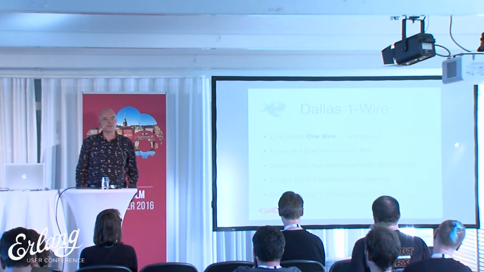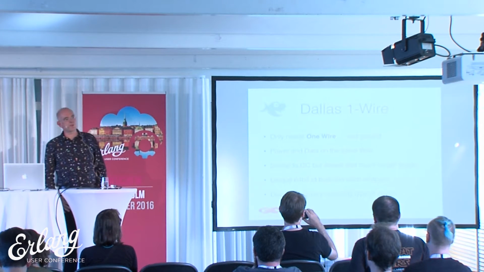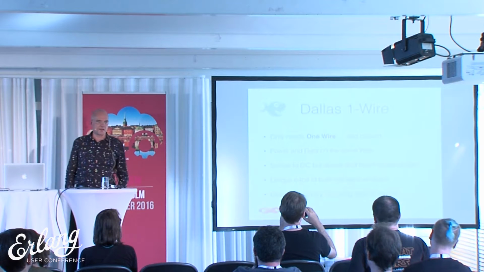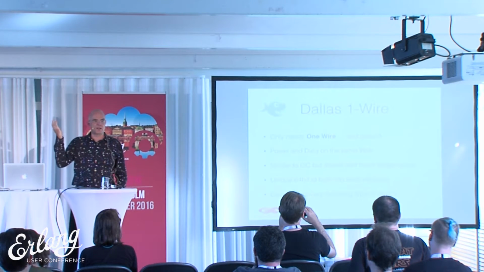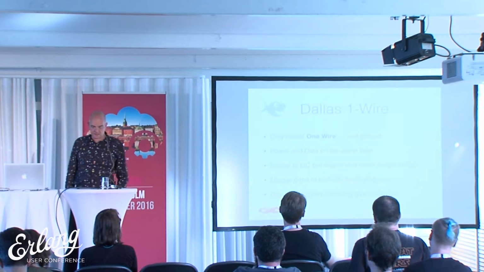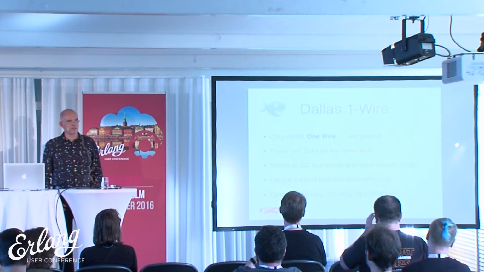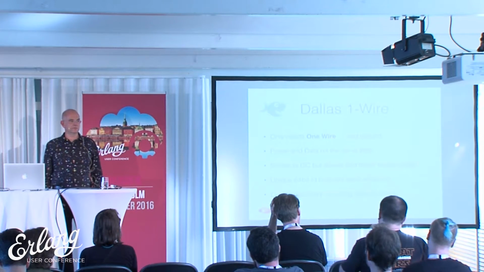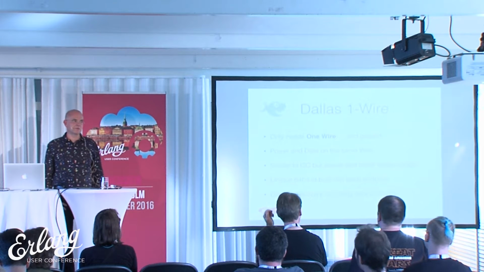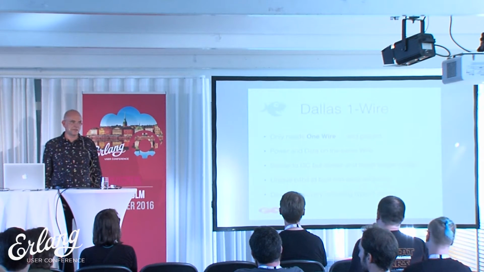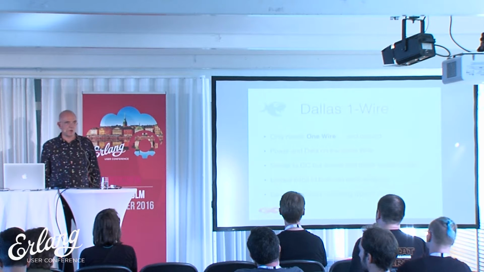So there's a kind of extension to I2C called Dallas One Wire. It's called Dallas because it was invented by a company called Dallas Semiconductors, and it does everything on one wire. Well, that's actually a lie. You need a ground wire, but you only need a ground and one other wire.